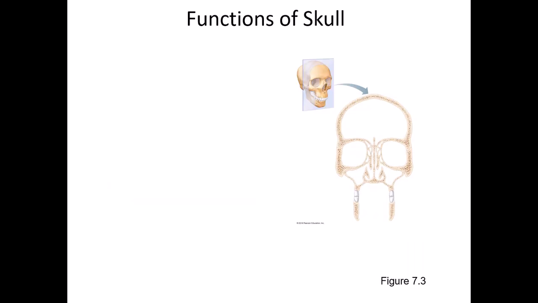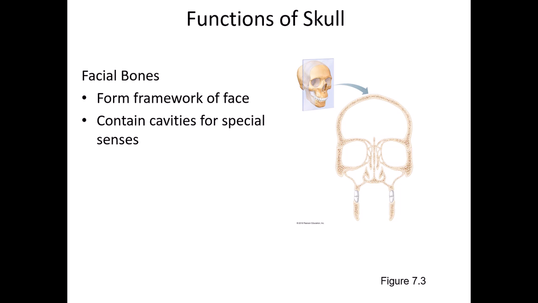Okay, so the skull has a variety of functions. The facial bones are going to form the framework of the face, although some of the cranial bones do contribute to that as well. They create spaces for some of our main sensory receptors, so the orbits that hold the eyes for vision, the nasal cavity that holds the olfactory receptors for smell, the oral cavity where we have the tongue containing our taste buds.